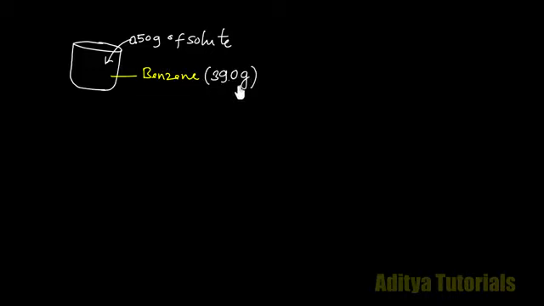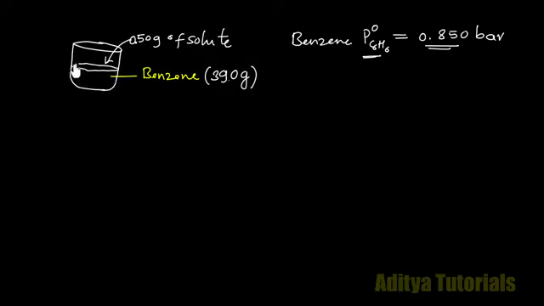And one thing is that P naught of C6H6 indicates that the benzene in its purest form has a vapor pressure of around 0.850 bar. Then when you add 0.5 gram of solute to 39 gram of benzene, the vapor pressure of the entire solution is changed.